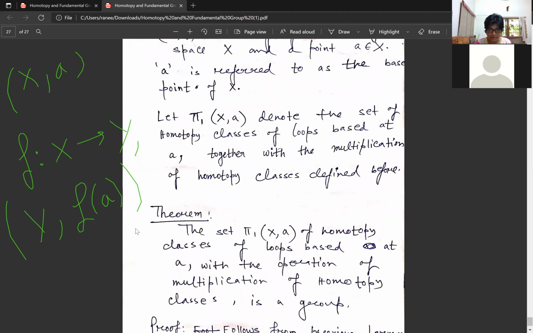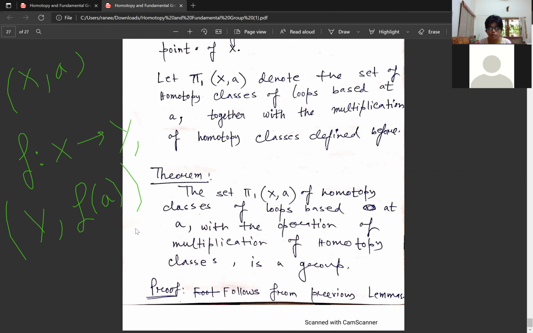The next theorem states that the set pi1 of X comma A of homotopy classes of loops based at A. The moment you are talking about loops, your base point should be fixed, right? There is only one point where you are making the loop, let's say at the point A. That's why this pointed space is important: you are considering all loops at that point, and then you are trying to do some kind of sophisticated thing.